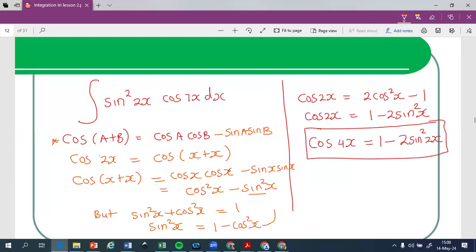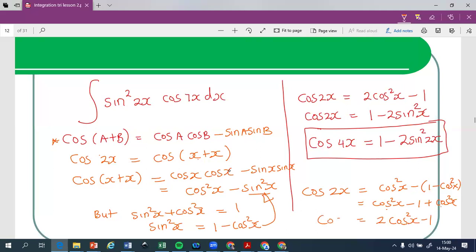I replace it here, so cos 2x equals cos squared x minus (1 minus cos squared x). This gives us cos squared x minus 1 plus cos squared x, so cos squared plus cos squared gives us 2 cos squared x minus 1.